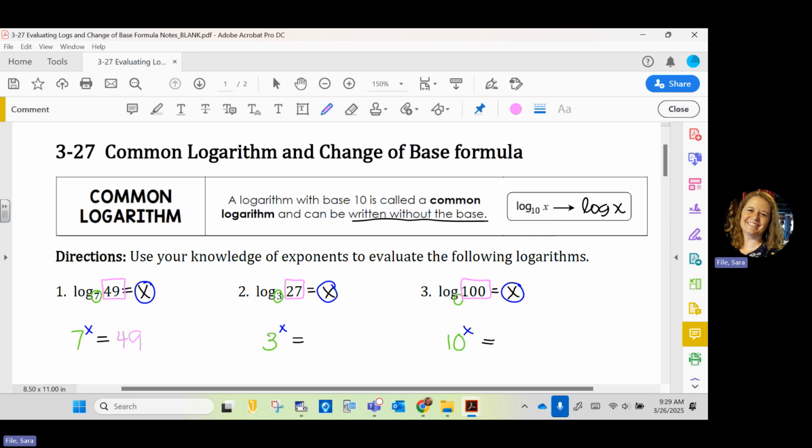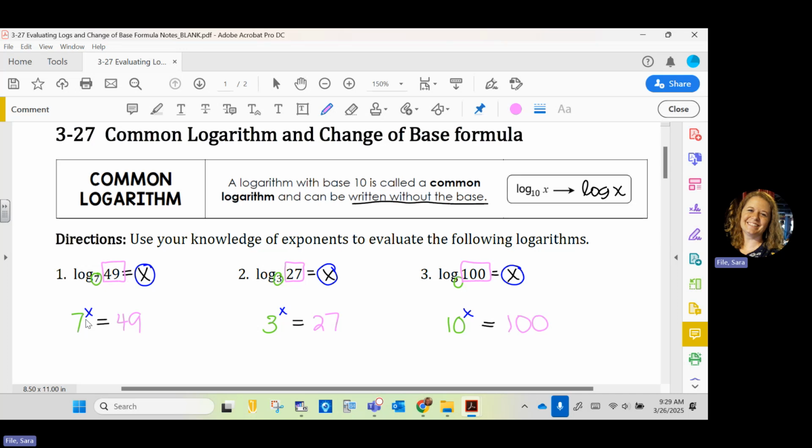So we're asking ourselves, 7 to what power is 49? Does anybody know it off the top of their head? Not 7 to the 7th power. 7 times 7 is 49, but what power would that be? 2. We're multiplying 7 twice by itself. 7 times 7 would be 7 squared.